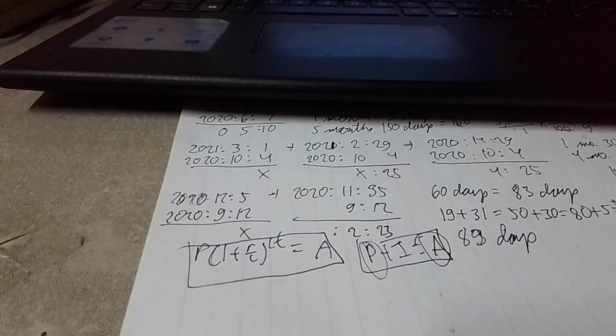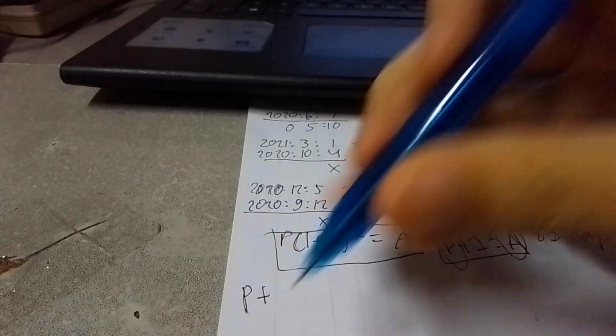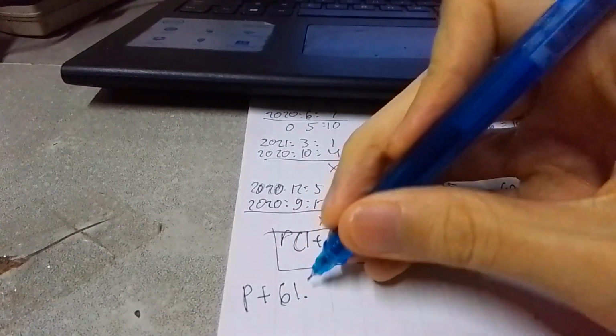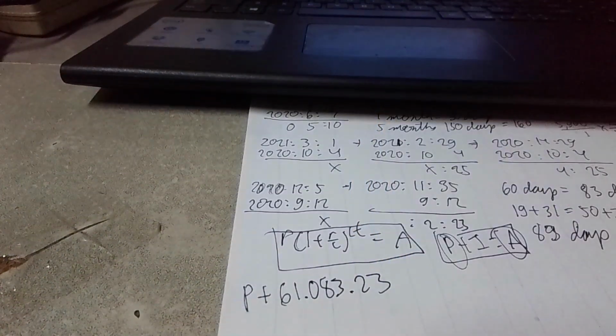P plus, what's the value of I? 61,083.23 pesos. That is your I. P plus 61,083.23 pesos equals A. We do not know what A is because it's not given.